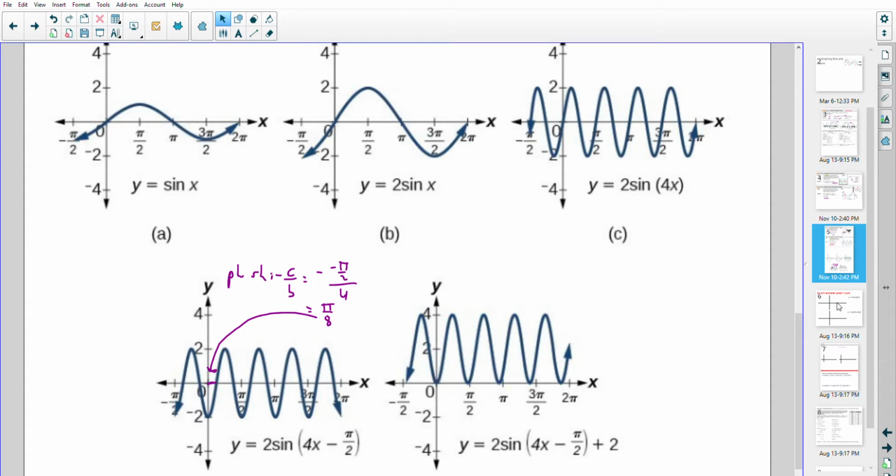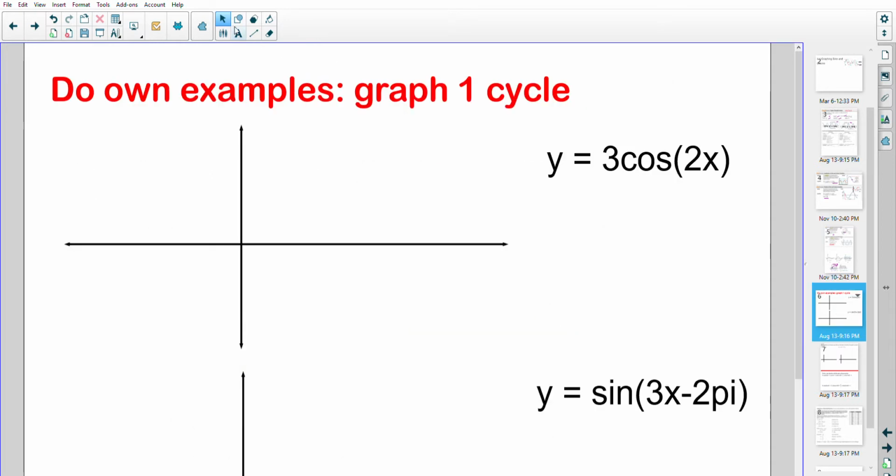Let's do a couple examples, starting with a little bit easier ones and working to the harder ones. I want to write down all the specifics that I need to. So, for example, the amplitude is equal to the absolute value of 3, which is 3.